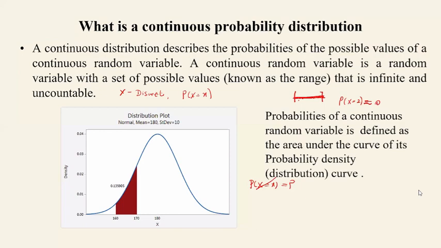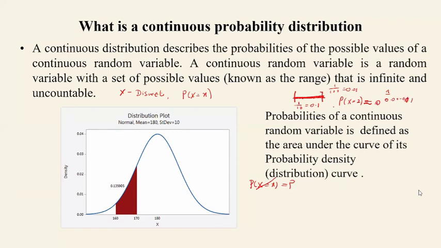Now suppose for example there are 10 points and each and every point has an equal chance. Then 1 over 10, that is 0.1. Then say there are 100 points, 1 over 100, then 0.01. Suppose there are 10,000 or 1 lakh points or 1 million points, then it is 0.00001 or even smaller.